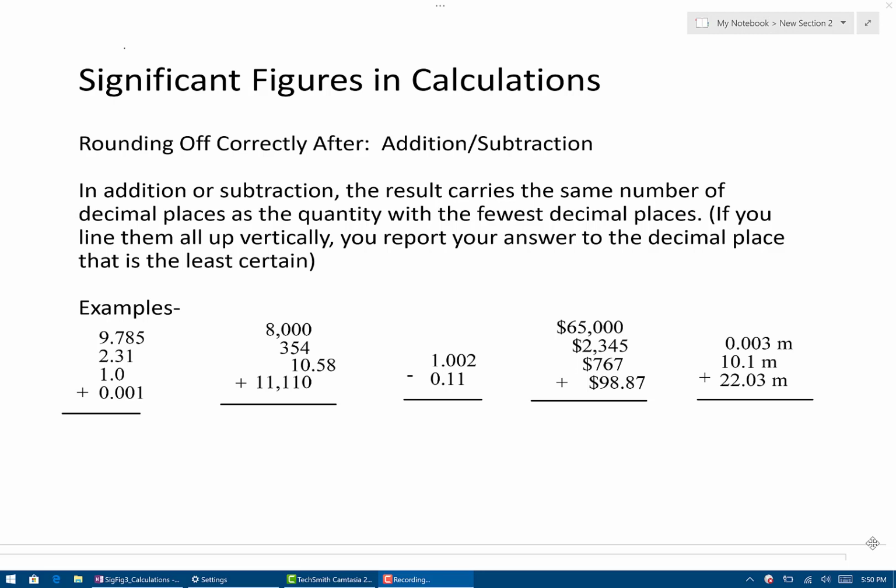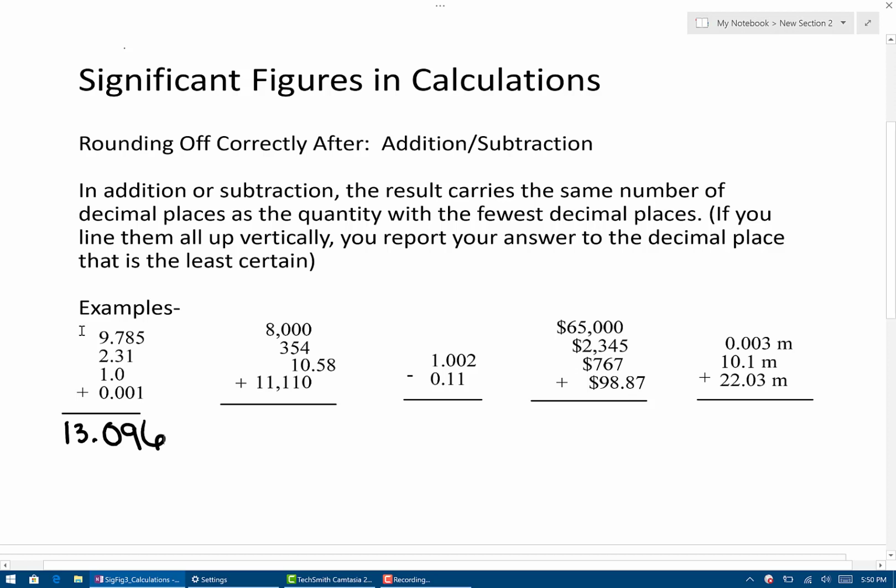You can line them all up vertically, and then you report your answer to the decimal place that is the least certain. If we add up all these numbers, we get 13.096.